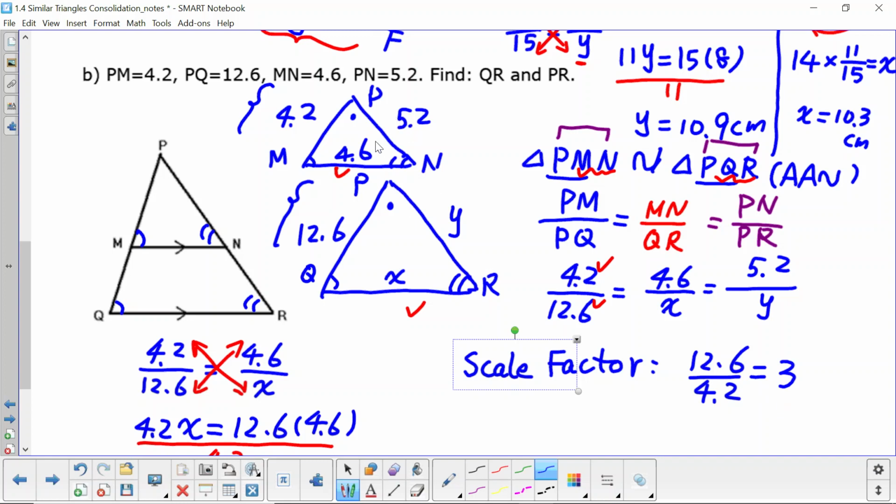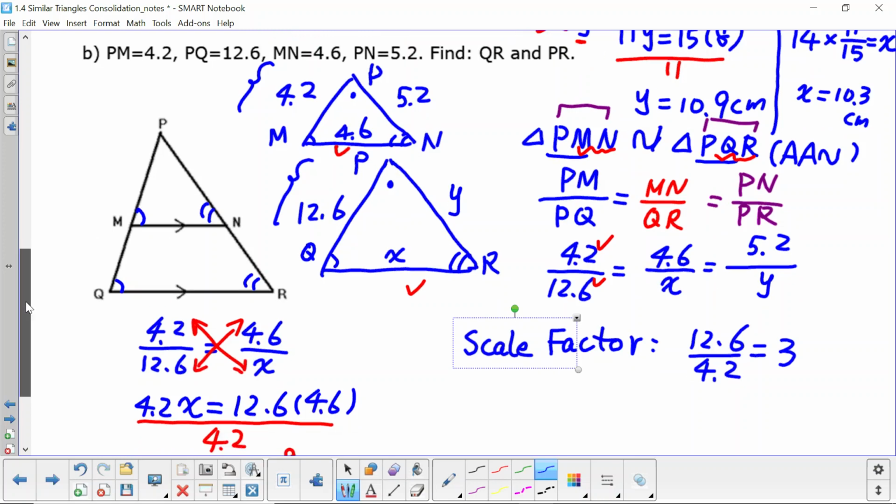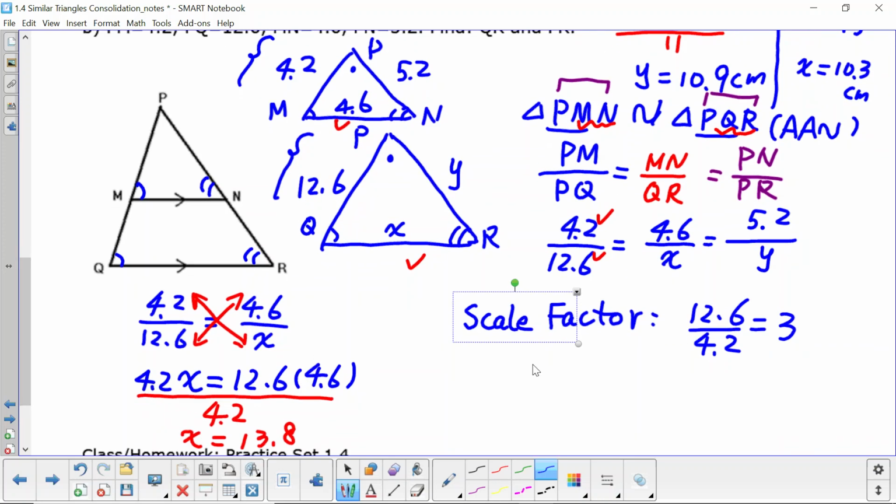So in order to find the unknown side for this bigger triangle, we could just times that 3 to each side. Then we are able to find the answer. So that is another method you could use, which is to find the SF, scale factor, scalar.